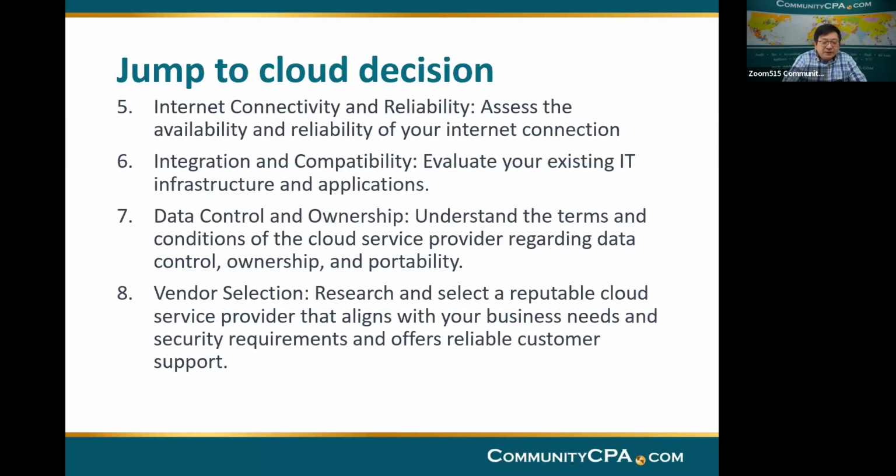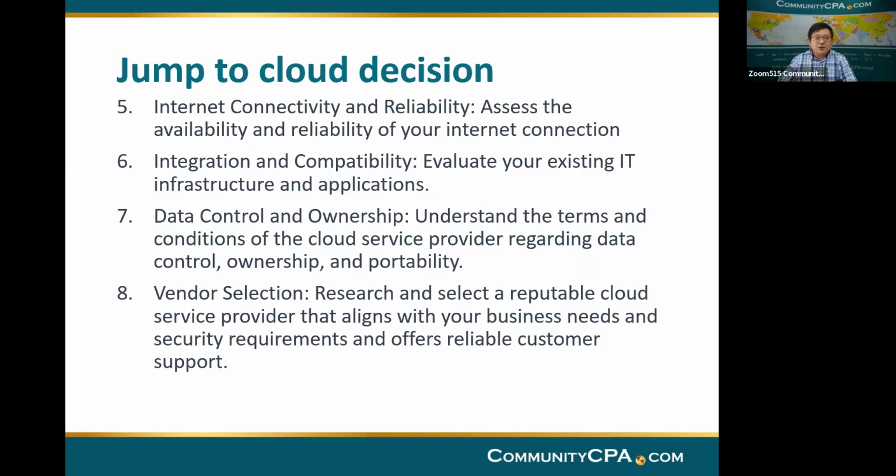Okay, the fifth one is hardware and internet connectivity. If you jump to the cloud, you need to think about how fast your internet is and how stable your internet is. You can jump fully to the cloud, which means doing everything on the cloud.